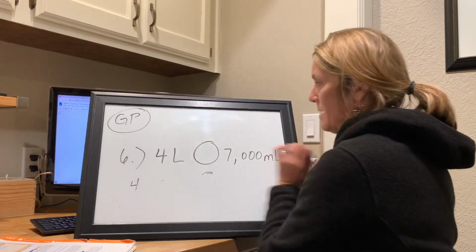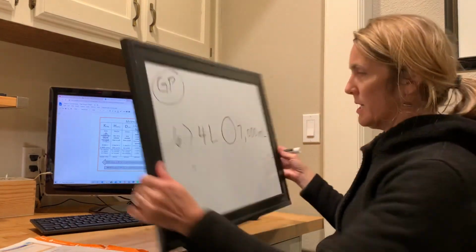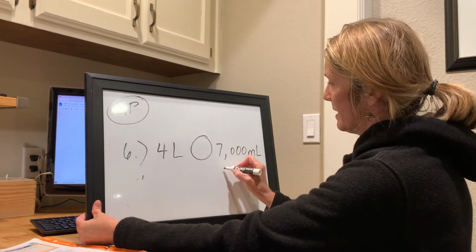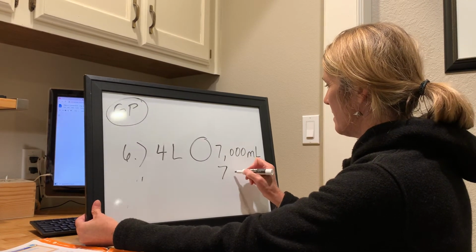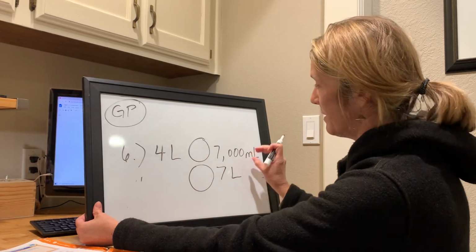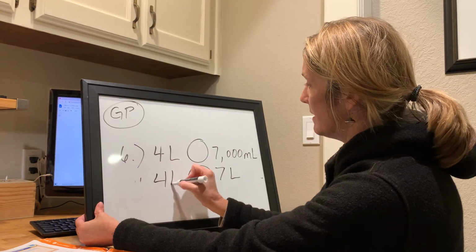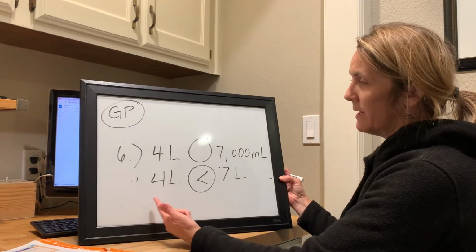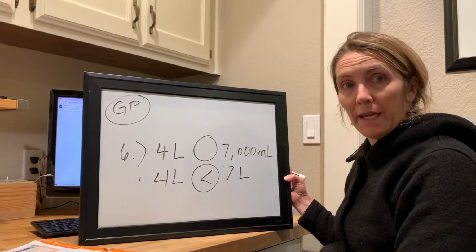You could do 7,000 is actually 7 liters. And I just did that by combining how many thousands are in here. And then I did 4 liters on this side. So you know that 7 liters is more than 4 liters, or you could look at it as 4,000 versus 7,000. That's the job today.